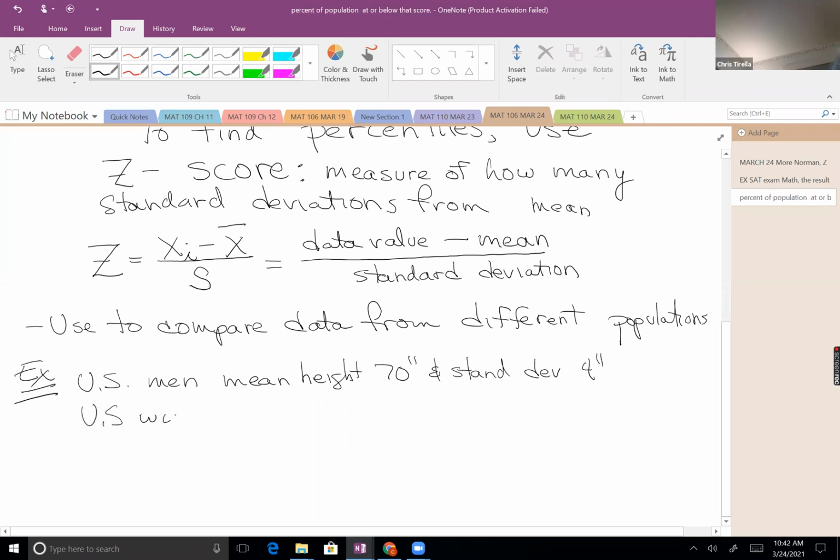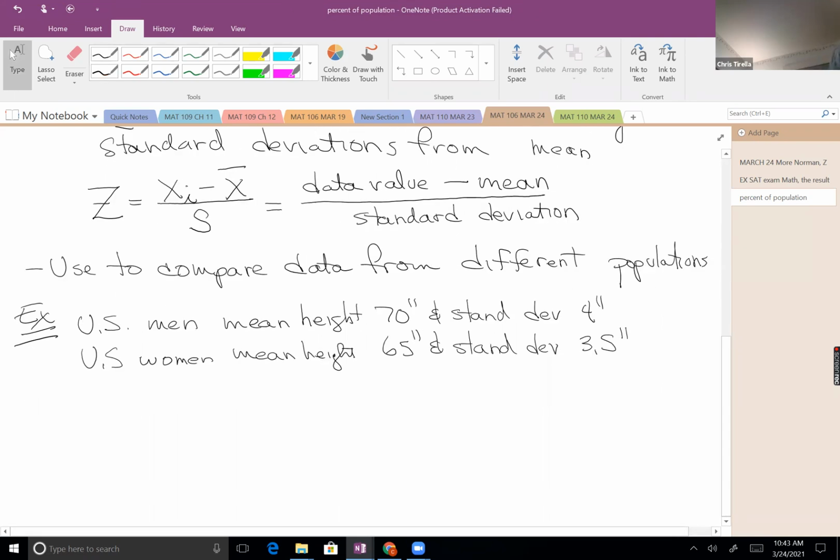For American women, the mean height is a little bit less, 65 inches, and the standard deviation is also a little bit less, 3.5 inches. And so women are a little bit shorter than men and their heights aren't quite as spread out.